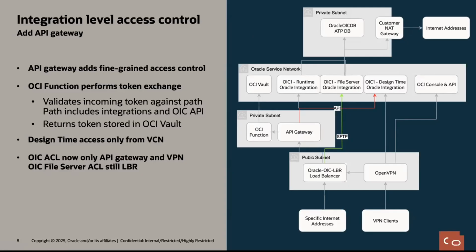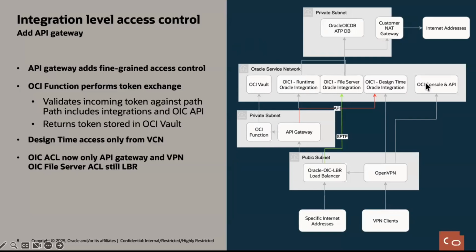Yes, the URL says you are going to that project. The OCI function will then generate a new token for you, send it back to the API gateway, and the API gateway will forward the request to the integration. So this allows us to have different OAuth tokens giving different access to the runtime.